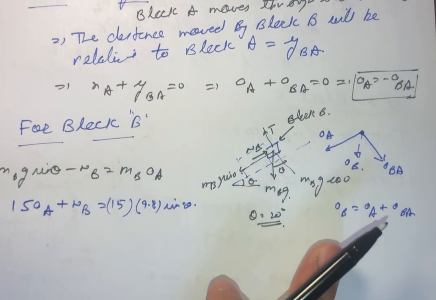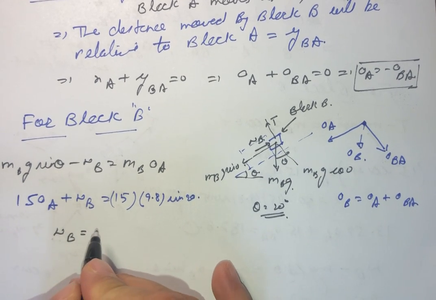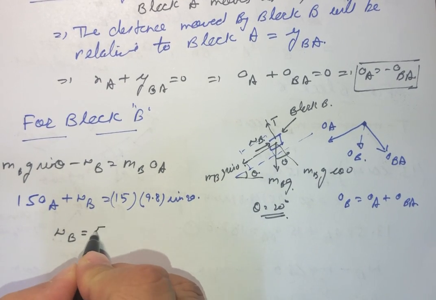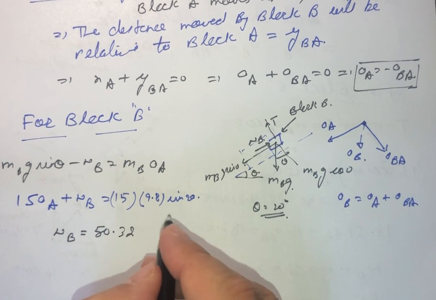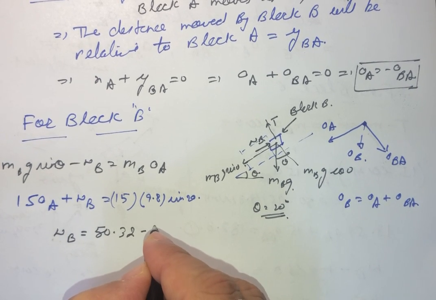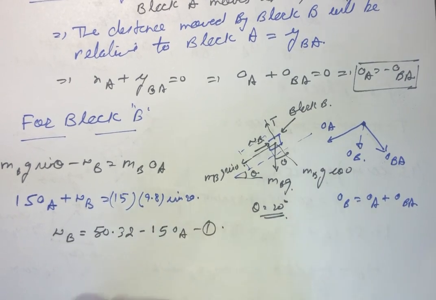So from here we can write that NB is equal to 50.32 minus 15A. Equation number 1.